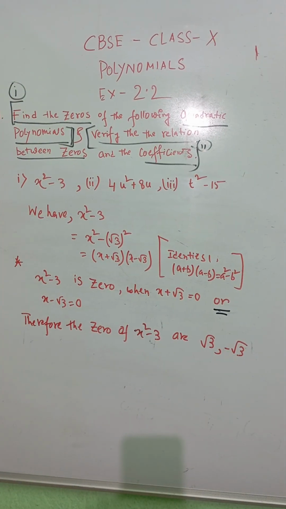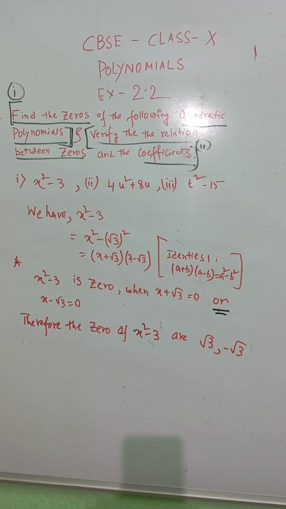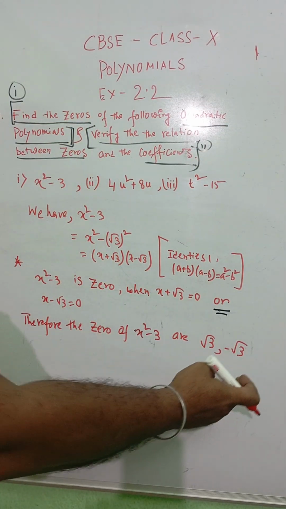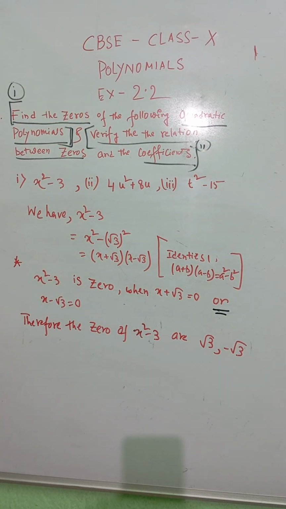Just write it in this way. Otherwise, this is the good presentation of the sum. Find the zeros of the quadratic polynomial. The first part is complete.